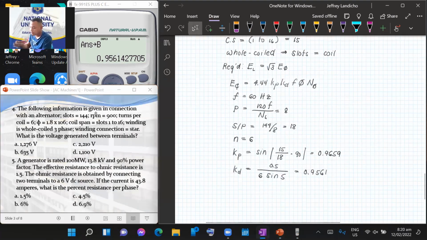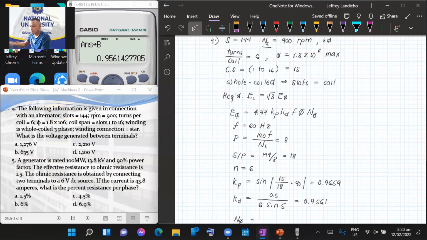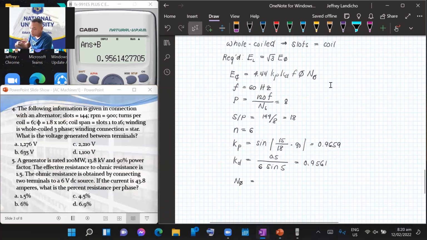O, isa na lang pala. Wala pang given na number of turns. So, to solve for the total number of turns per phase, meron tayong 6 turns per coil. Since the winding is full coil, that always represents the number of slots is equal to the number of coils. Therefore, the total number of turns, we have 6 turns per coil and there are 144 coils.